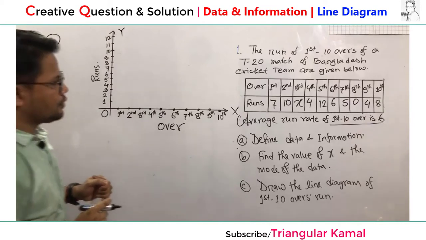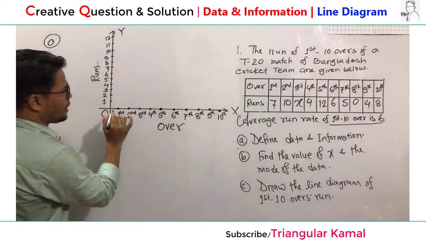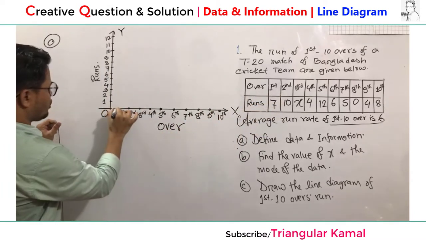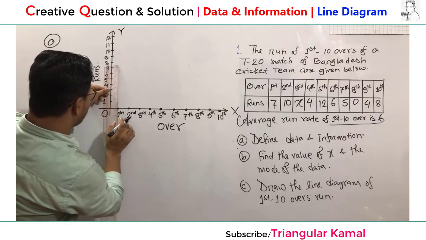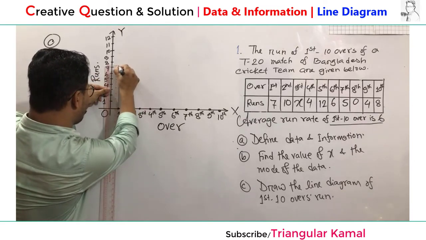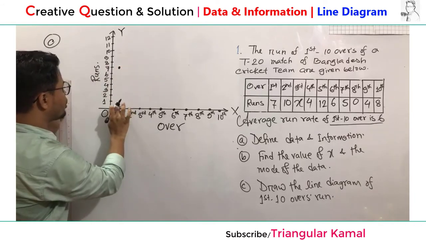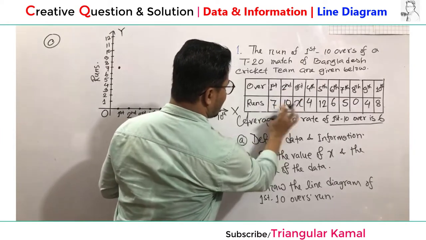Now, the first over run is 7. So for the first over, this line goes up to 7. Then the second over goes up to 10.